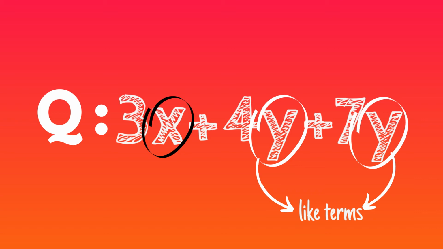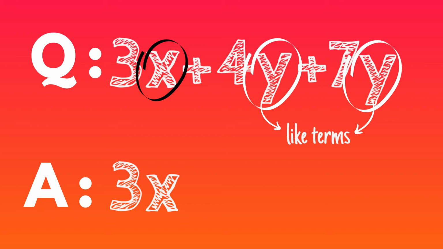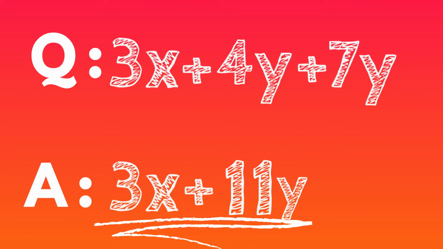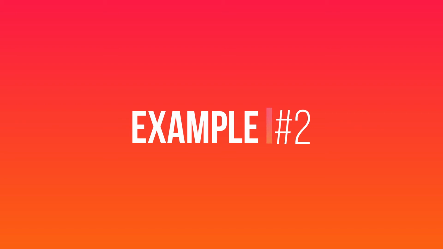So when we're adding letters in algebra, we add letters that are the same. So we say 3x, it stays as 3x because there's no other number that has x next to it. Then we put a plus sign, then we say 4y plus 7y. So we add numbers 4 plus 7, we get 11, and they all have the same letter y, so we write plus 11y.